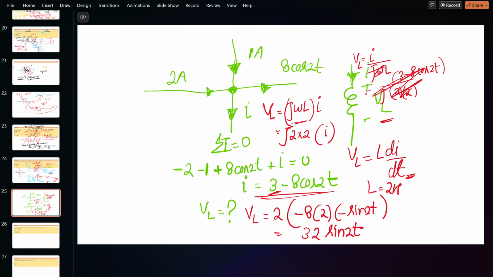But the thing here is this is not the exact equation, because j omega L multiplied by I, where I is 3 minus 8 cos omega t. Okay, and in this equation, 3 minus 8 cos 2t is multiplied by 4j.